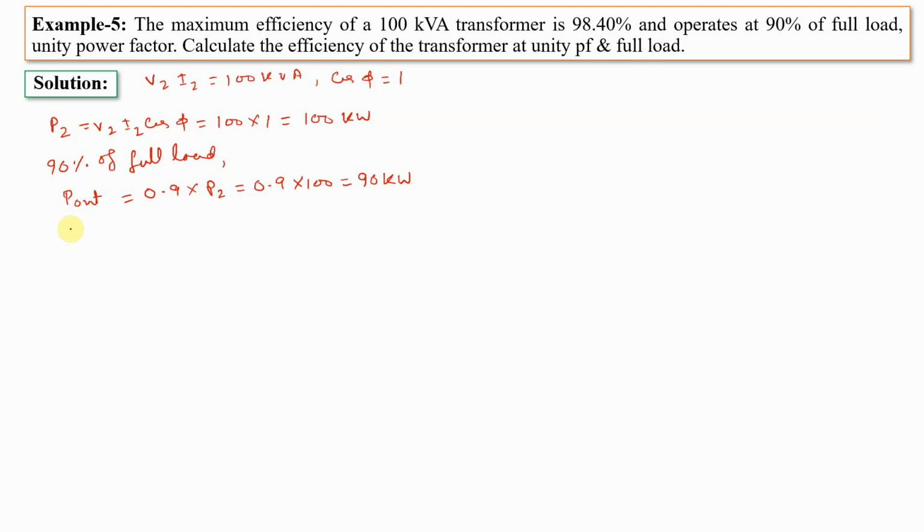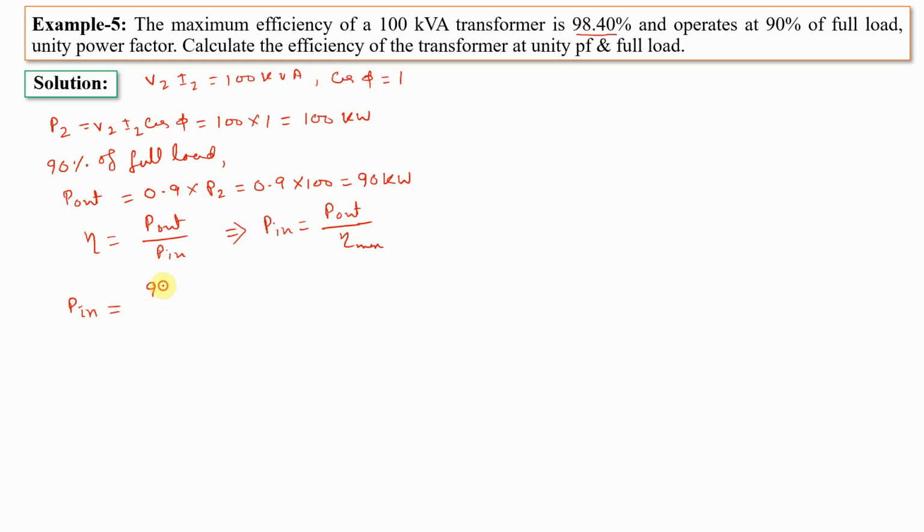We know that the maximum efficiency here given is 98.4%, and that efficiency is equal to output power by input power. So the input power will be equal to output power by efficiency. Now we can find the input power of the transformer during the maximum efficiency condition.